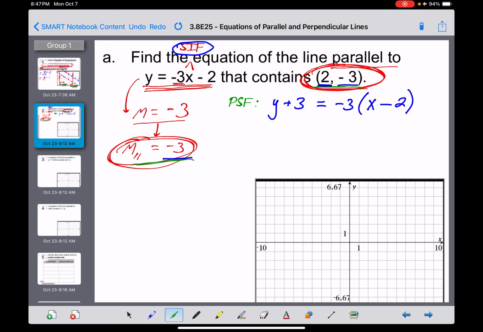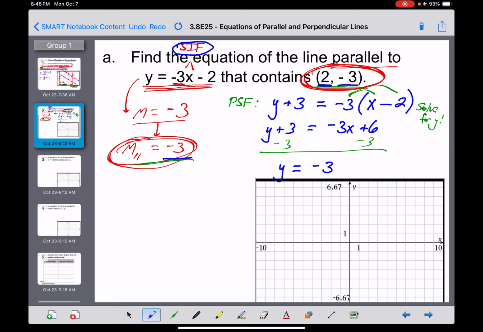So if we want to get from point slope into slope-intercept, what we need to do right now, guys, is solve for y. We need to get this y all by itself, and the first step to that is distributing our slope, the -3. So y plus 3 equals -3x plus 6, and then all we have to do is subtract a 3 from both sides, and this should get us our final answer.